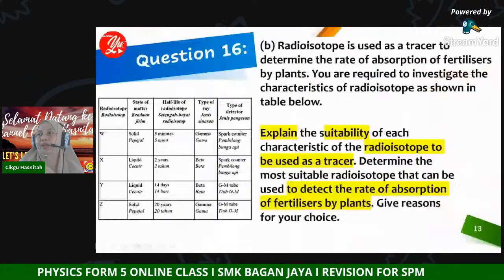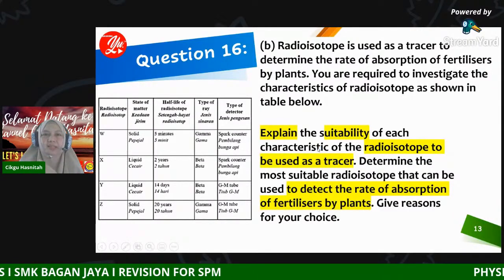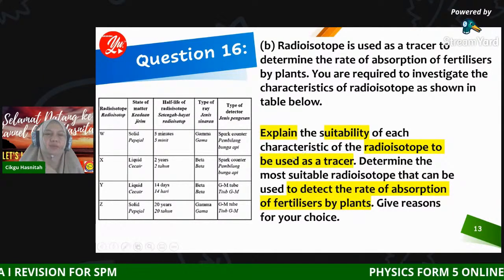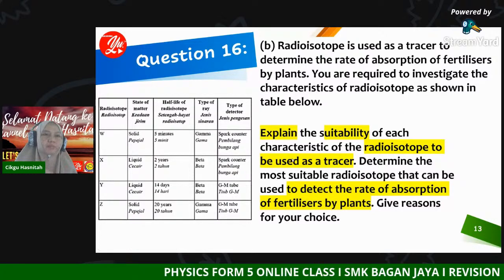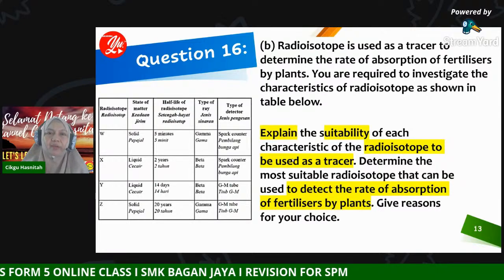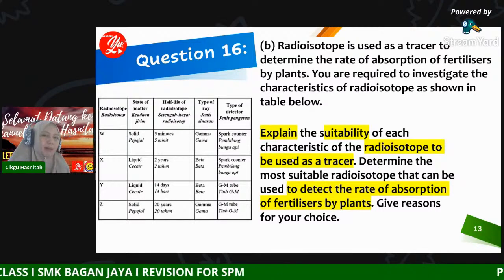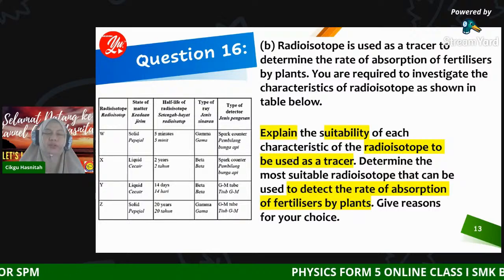Okay, so what is the question? Explain the suitability of the characteristics of the radioisotope to be used as a tracer and determine the most suitable radioisotope that can be used to detect the rate of absorption of fertilizer by plants and give a reason for your choice.